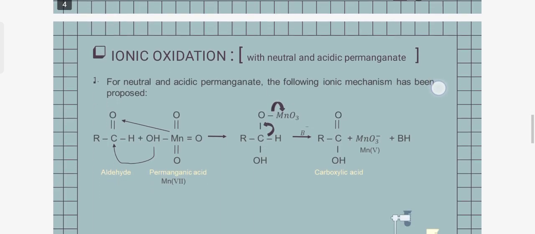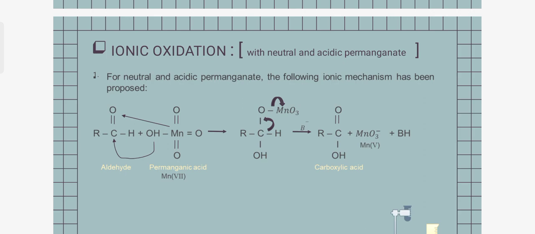Next, ionic oxidation with the neutral and acidic permanganate. For neutral and acidic permanganate, the ionic mechanism has been proposed. First, we take aldehyde and react with the permanganic acid HMnO4. Now we also know the carbon has partial positive charge and oxygen has a partial negative charge, and the Mn-OH bond is a weak bond.